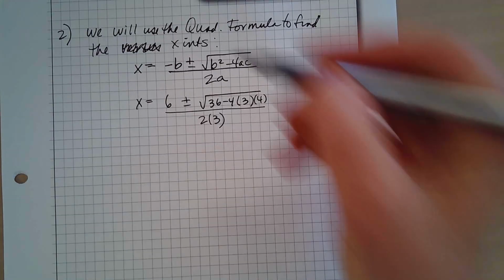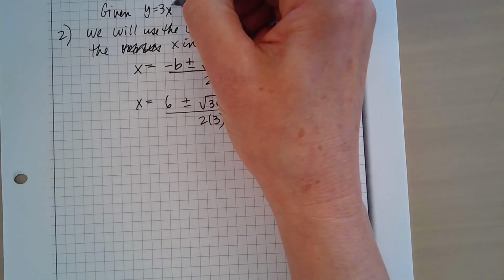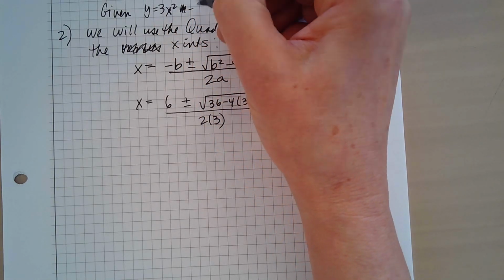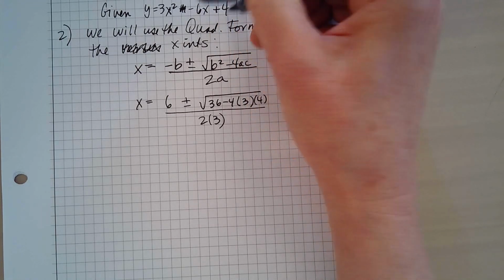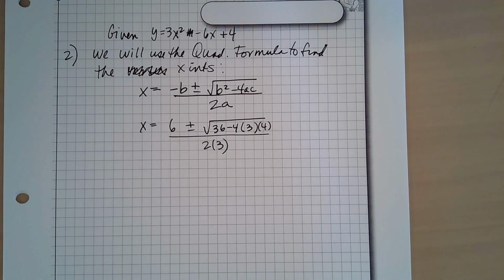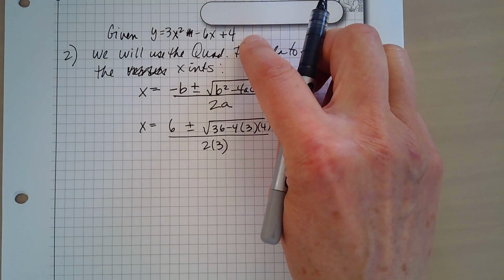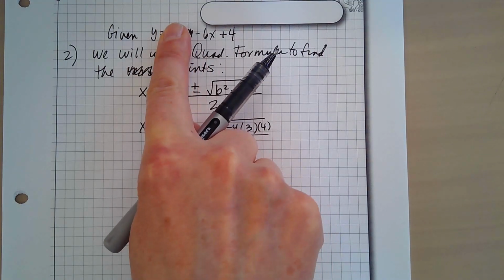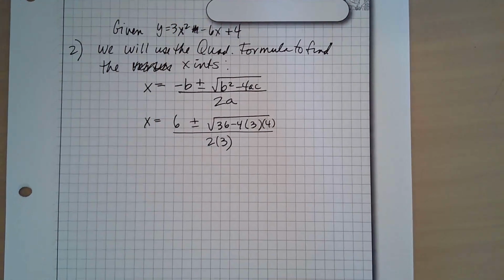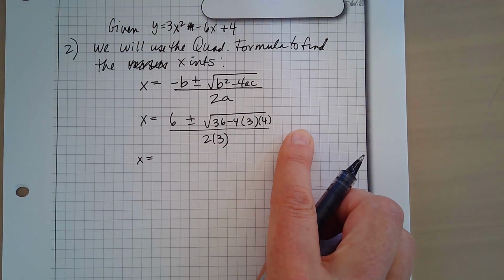We were given y equals 3x squared minus 6x plus 4. This is a harder form to graph, but it's the easiest form for a y-intercept. What's my y-intercept? 4, right? It's just your constant term, because if I put a 0 in for x, the other terms disappear, I'm left with 4. So it's the x-intercepts that are always the problem.